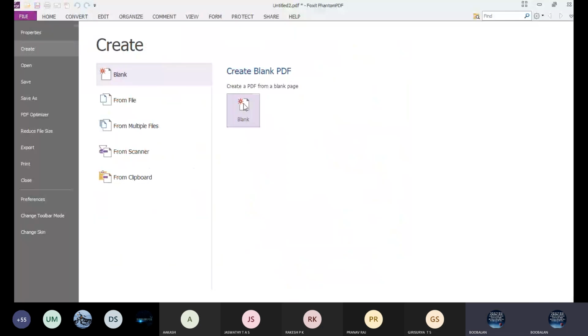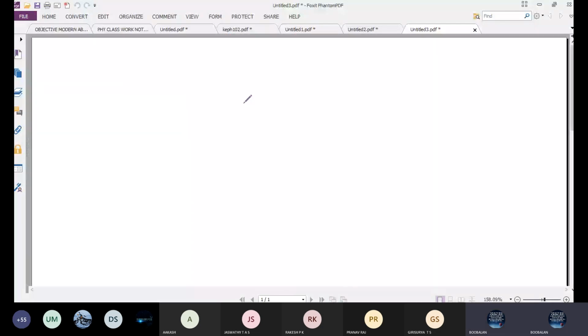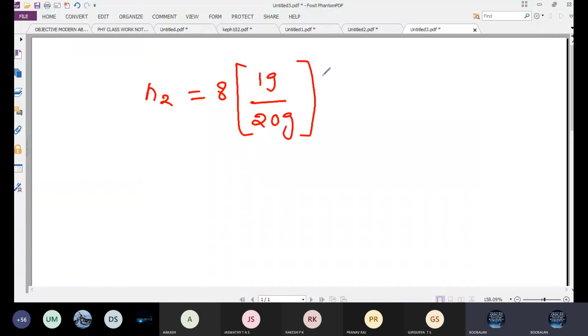Okay, listen here, ma. The value of N2 is a question mark. N1 value 8, M1 divided by M2, M1 is 1 gram, divided by M2 value 20 gram, power A value 1.